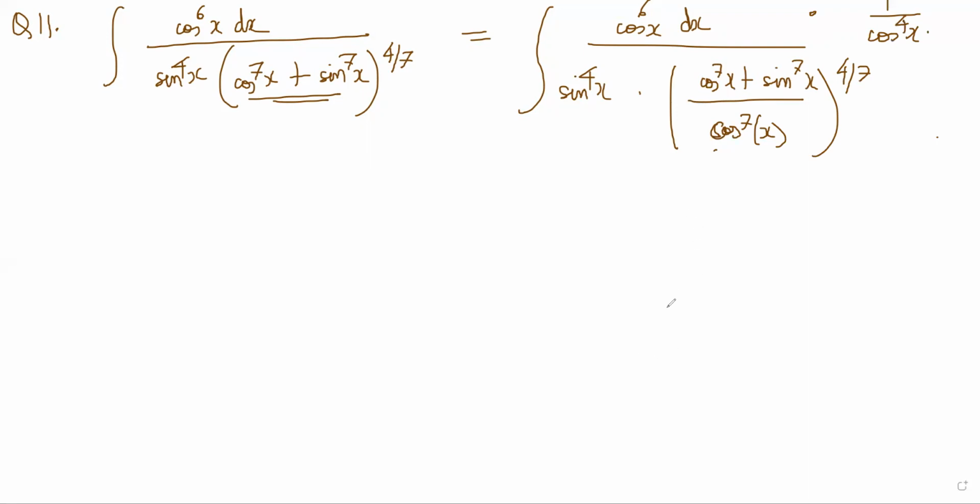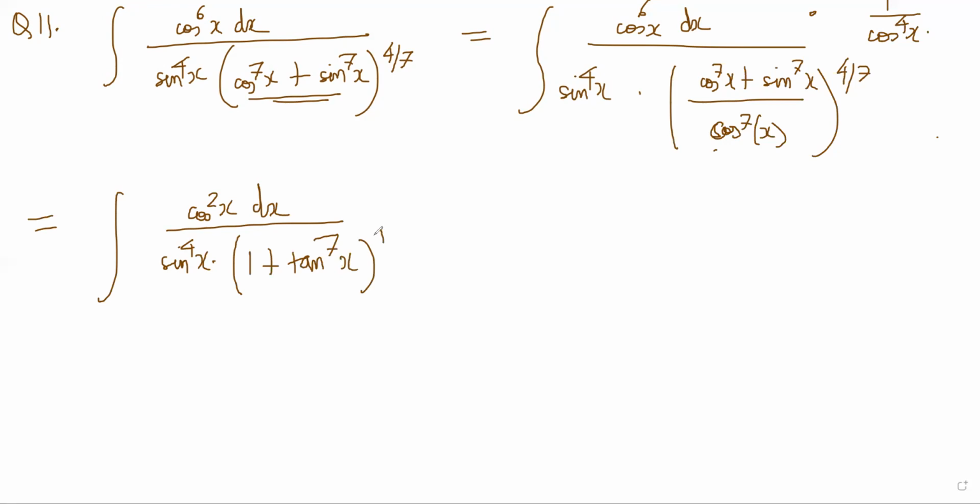So what you get is basically cos square x on the top, because cos 6x by cos 4x, dx, and divided by sine power 4x and 1 plus tan power 7x to the power 4 by 7, right?